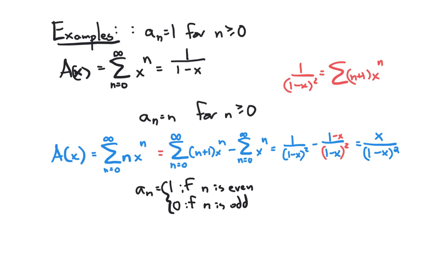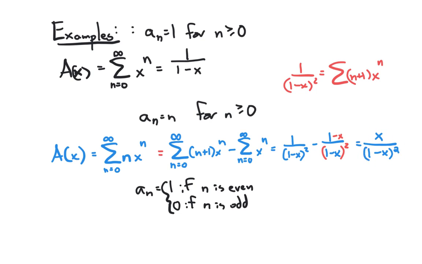And now we know that all of the information about our sequence is encoded just in this function. Remember, to get at this, we just need to kind of go backwards. We need to look at the coefficients of this. And remember, to get at those, there's lots of different ways, but one way that pretty much works all the time is we can always take the derivatives at 0 and divide by n factorial like a Taylor series.